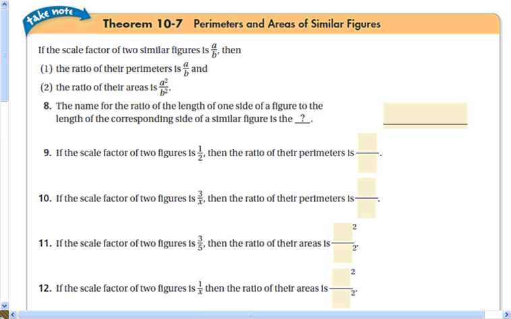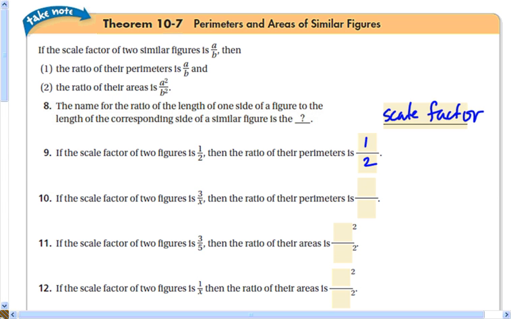And that information is given in this theorem, perimeters and areas. The name for the ratio of the length of one side to the length of the corresponding side of a similar figure is the scale factor. If the scale factor of two figures is 1/2, then the ratio of their perimeters is also 1/2.